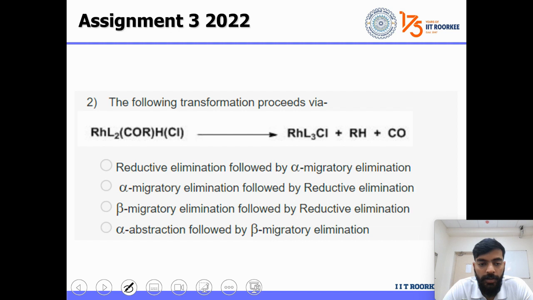So here rhodium is our metal, with two carbonyl ligands. Carbonyl is leaving. Do we have an answer for this question?